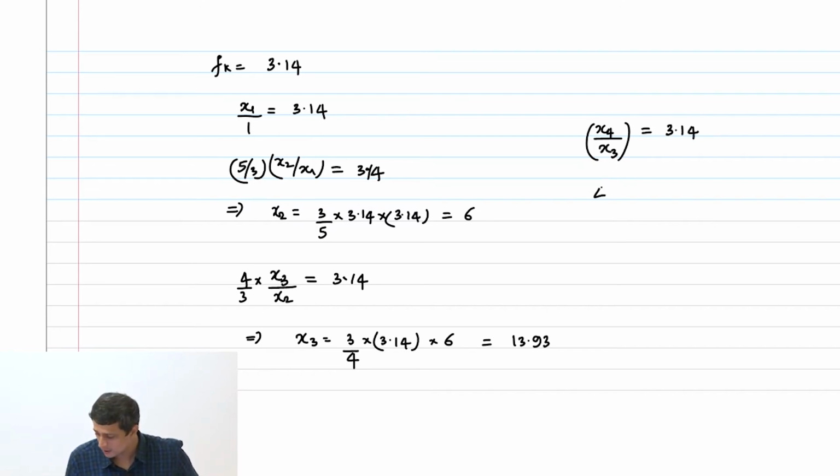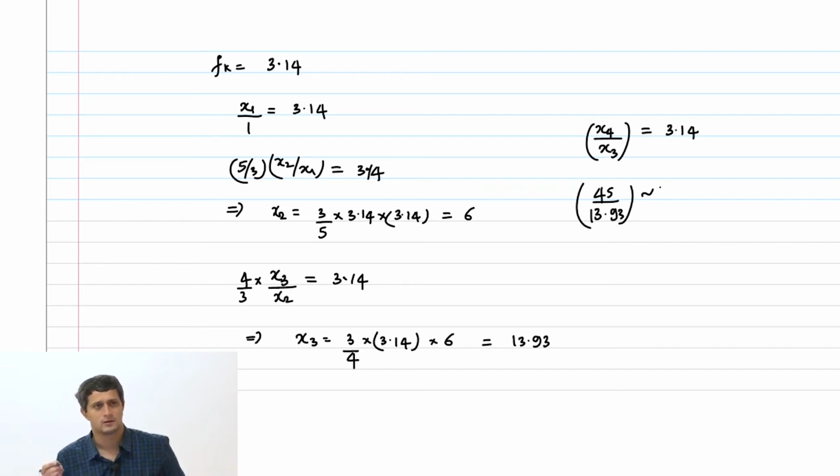It was 45 and this is 13.93. So this approximately seems correct. We have made some approximation that root of 10 is pi, therefore some small error might be there, but you should get approximately the same. And therefore your answer is correct.